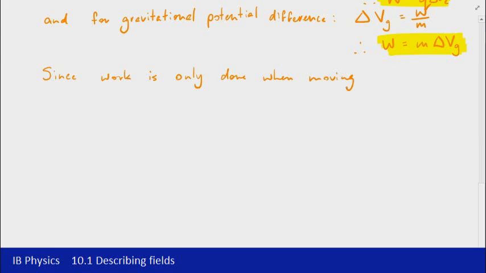That means that we can use that to identify where the zero potential is for gravitational fields. So in this particular case, we're really looking at doing something like lifting an object. So if an object falls, we're not doing any work on it. In this scenario, we're looking at doing work, so we have to actually work against gravitational field lines.